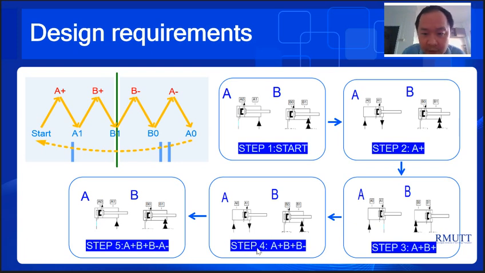And step 4, after the position of cylinder B reaches B1, the cylinder B retracts, which is B negative. And step 5, after the position of cylinder B reaches B0, the cylinder A retracts, which is A negative.